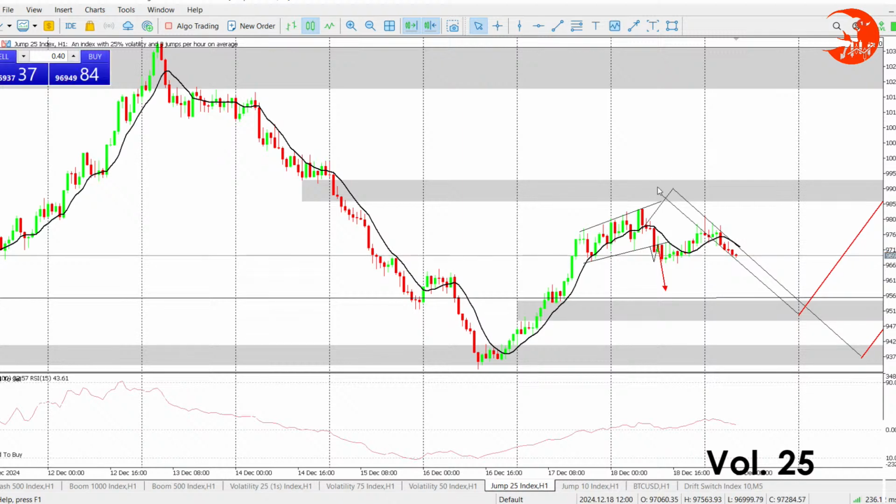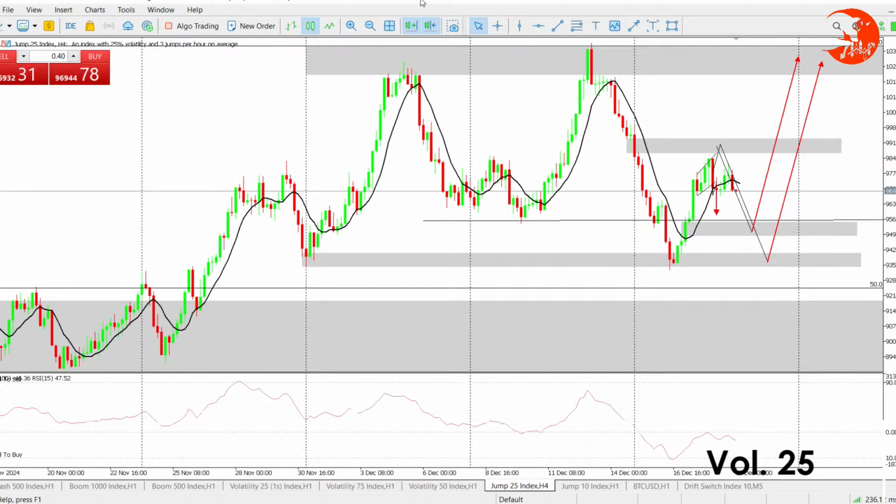So price never reached that level there. That is a fair value gap on H4. We wanted to grab that liquidity on that level there. We didn't.